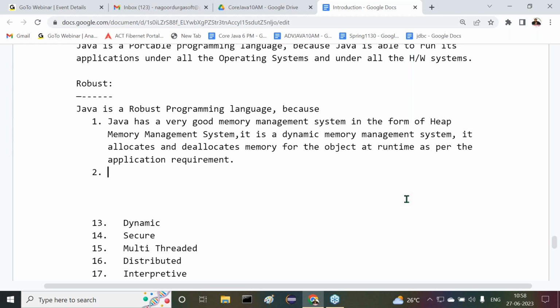To represent almost all the exceptions which come frequently in Java applications, Java has provided a set of predefined classes, a predefined library.